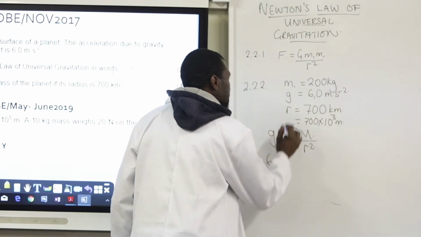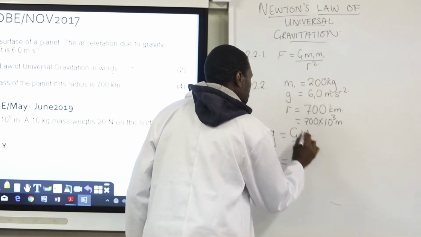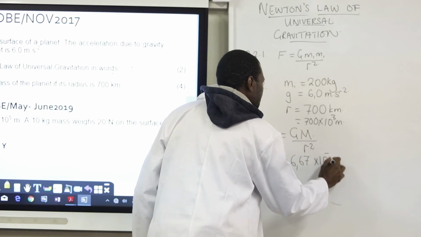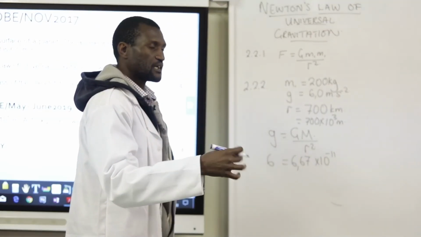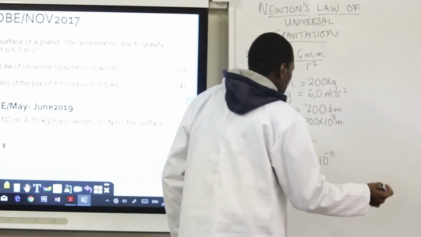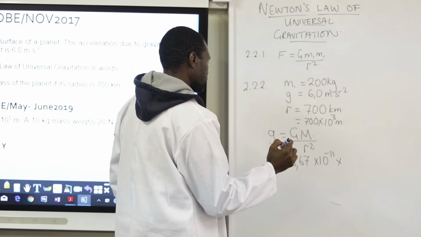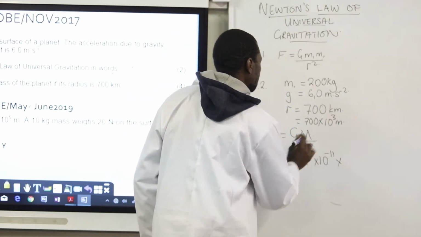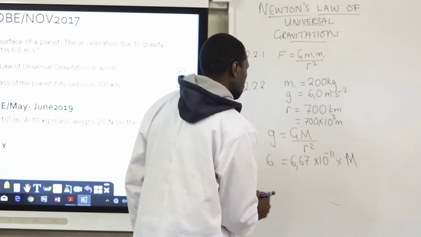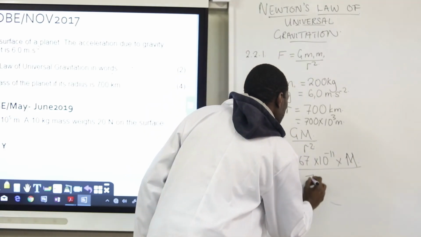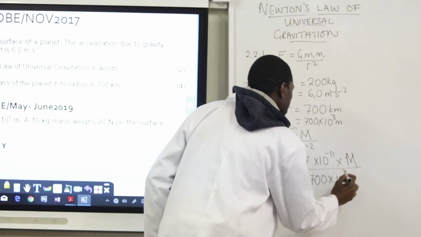What do we have? We have 6 meters per second squared is equal to 6,67, which is the big G, times 10 to the power negative 11 newtons kilograms per kilogram squared, times the mass of that particular planet, which we don't know, over the radius, 700 times 10 to the power of 3.